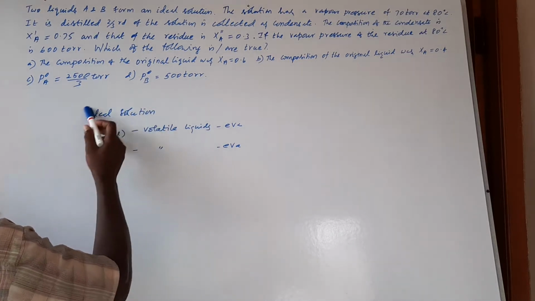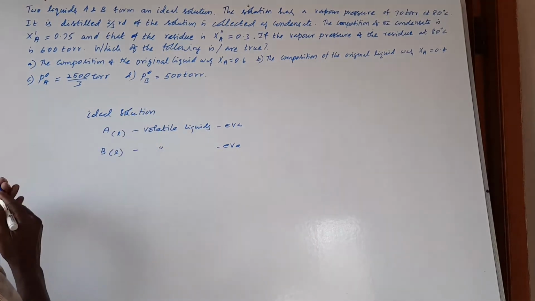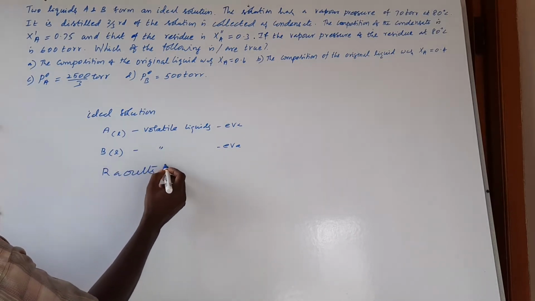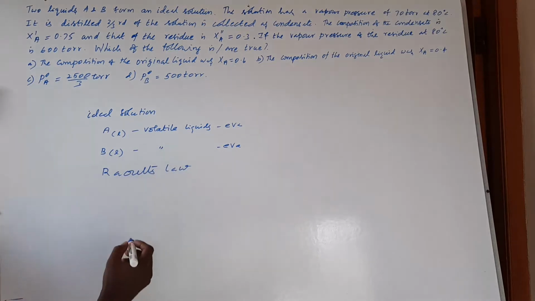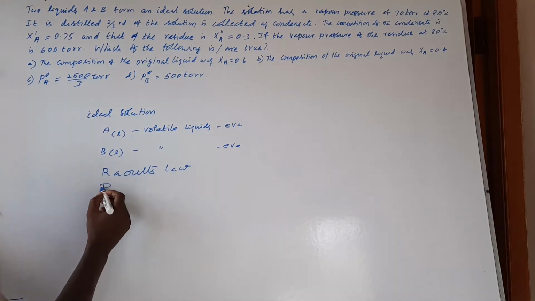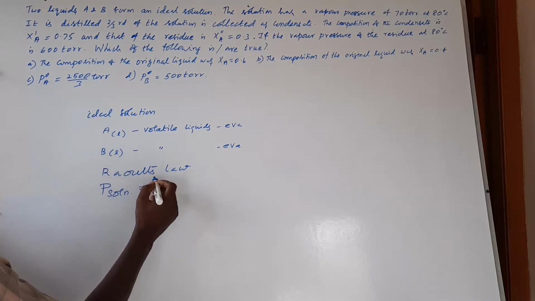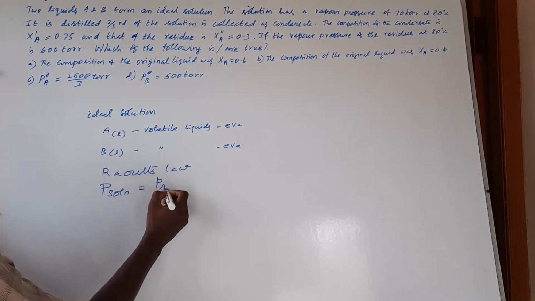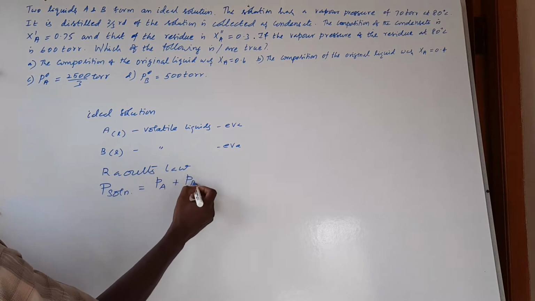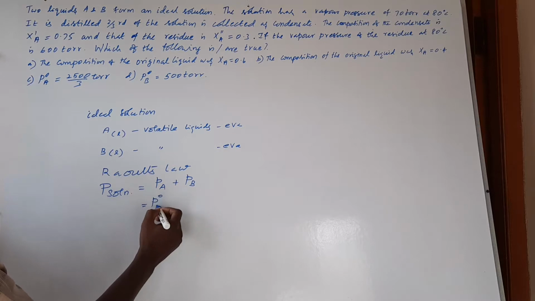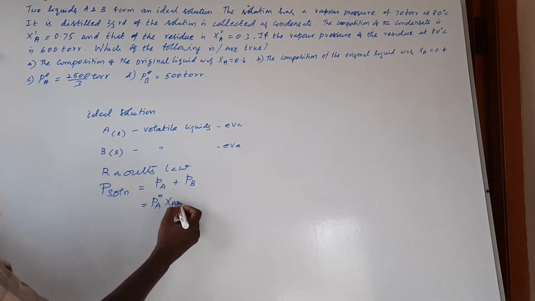This solution obeys Raoult's law. Raoult's law says that vapor pressure of solution is equal to sum of the vapor pressures of components, vapor pressure of A plus vapor pressure of B. The vapor pressure of A is P naught A XA.